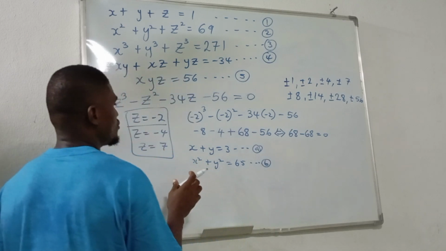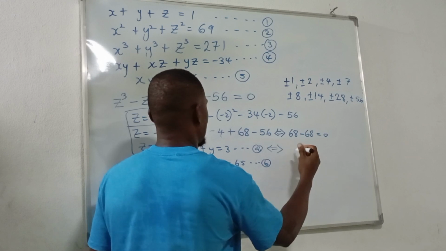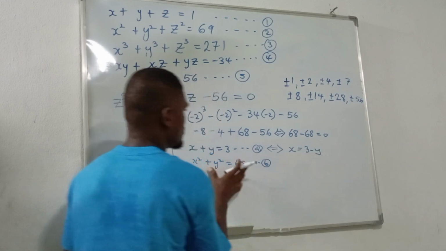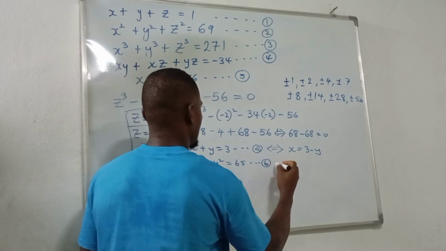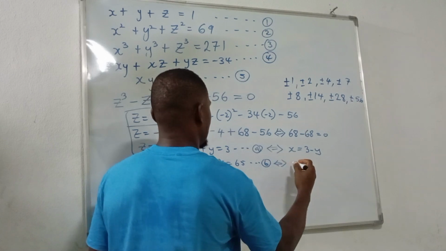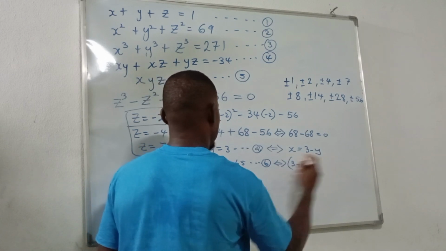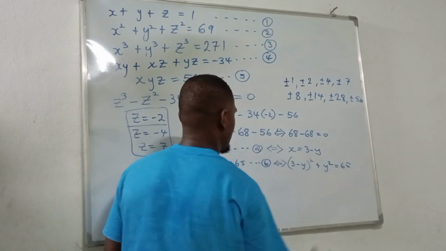Now we're going to substitute x from this equation here, we're going to have that x is equal to 3 minus y. We're going to substitute into this equation such that we now have 3 minus y squared plus y squared equal to 65.